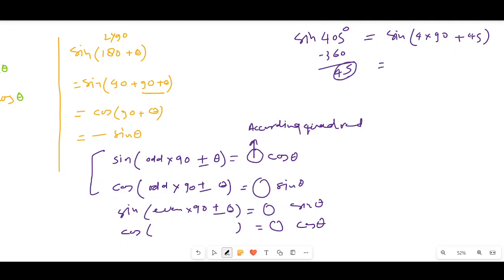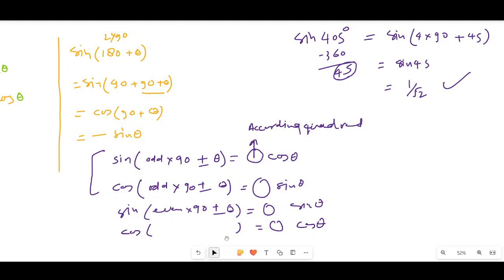If you enter the first quadrant, the sign of all six trigonometric ratios will be positive. Because this is an even number, we get the same function. So positive sign and sine 45. Sine 45 value is 1 by root 2. Then in this manner we will be able to find each angle.